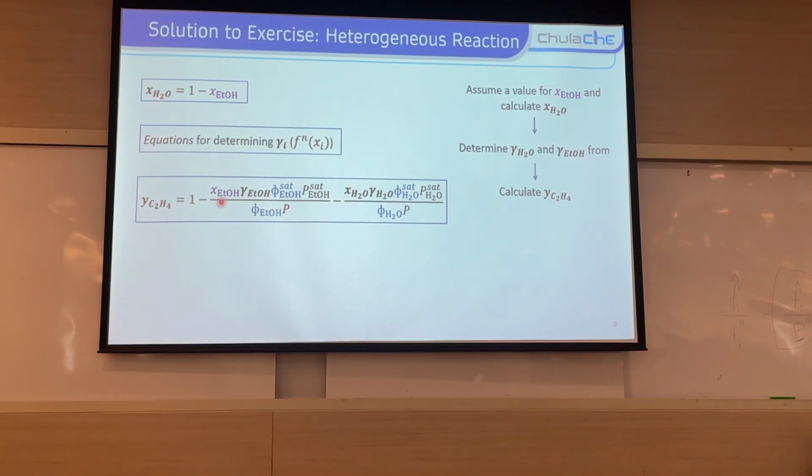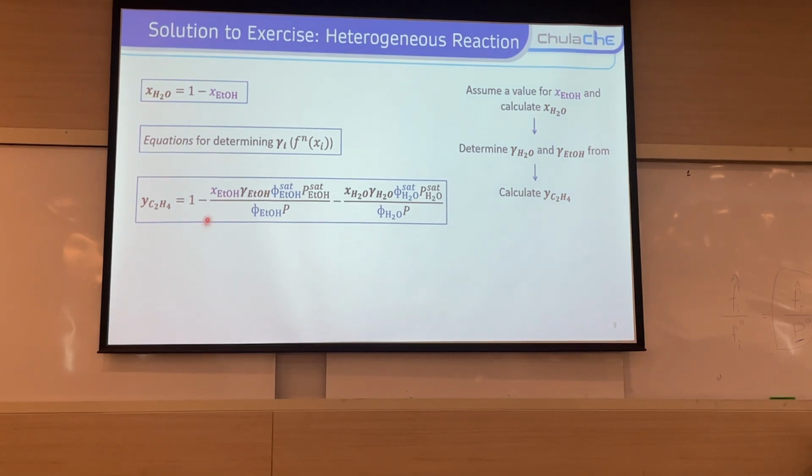So the mole fraction of ethanol here is the initial guess value. The activity coefficient of ethanol here is determined from the initial guess value. And again, the mole fraction of the water is from the expression, and the activity coefficient is from the second step.